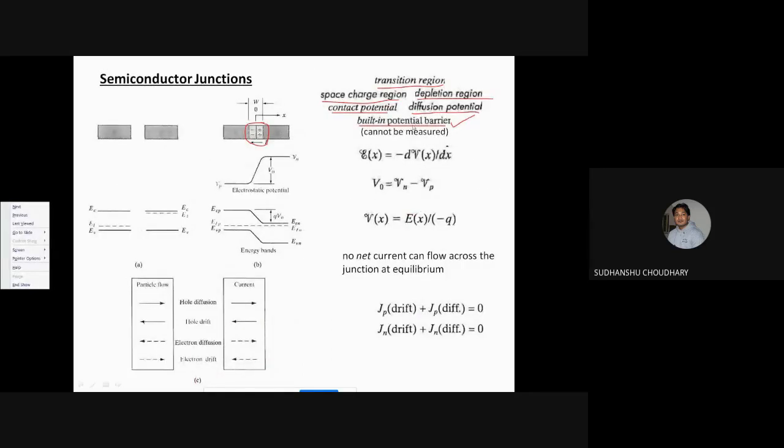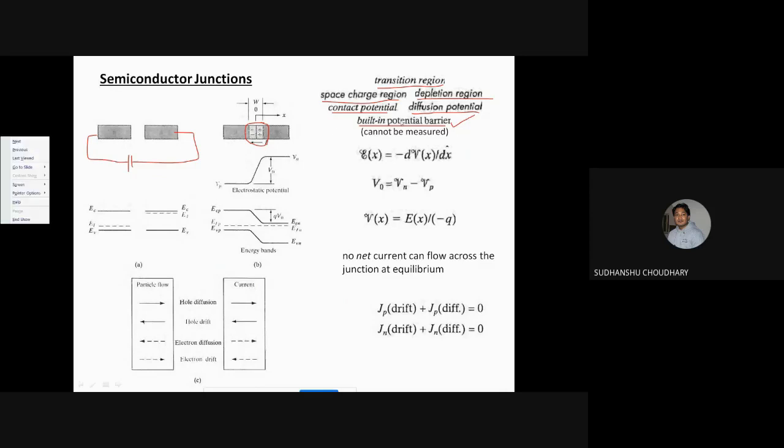To create this built-in electric field or potential barrier, you don't need to apply any bias. You don't need to connect this semiconductor to any supply. It will be automatically created once the junction is created.